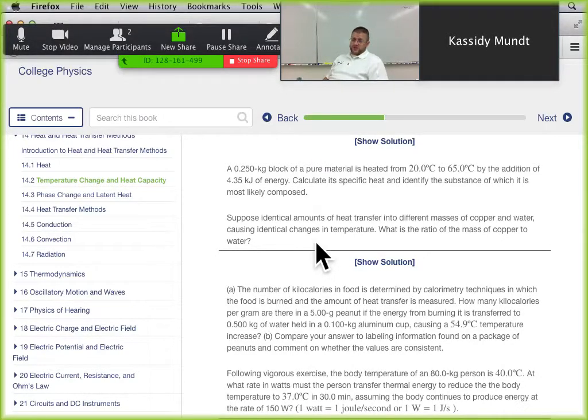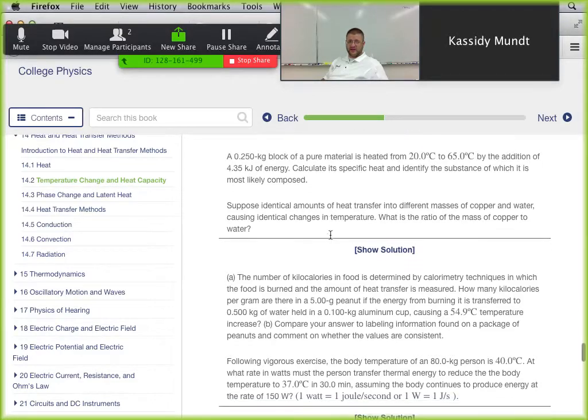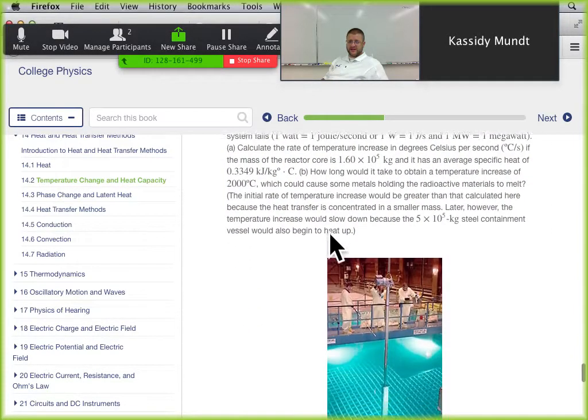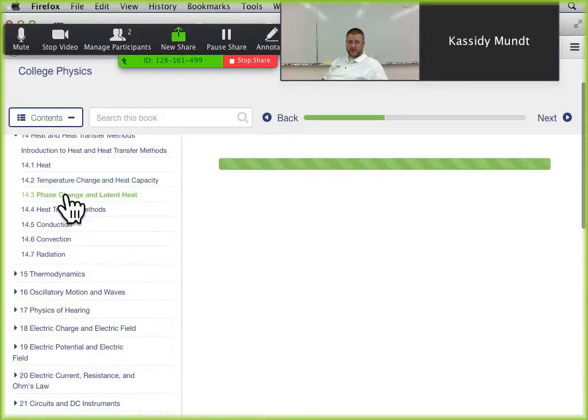But you can also just use one and convert to the other. So it just depends on how you want to do that. Then we went to 14.3. That's it for this one? Yep. Sunny day swimming pool.